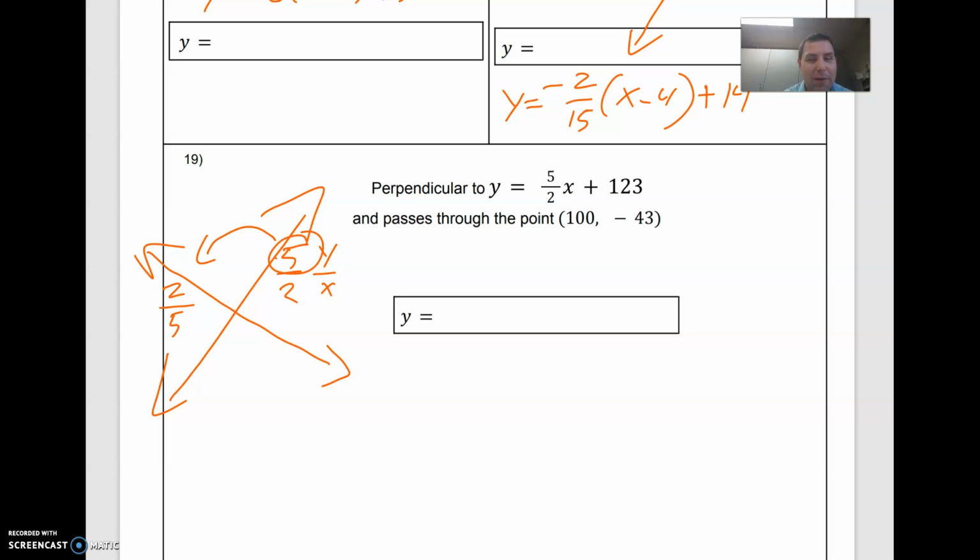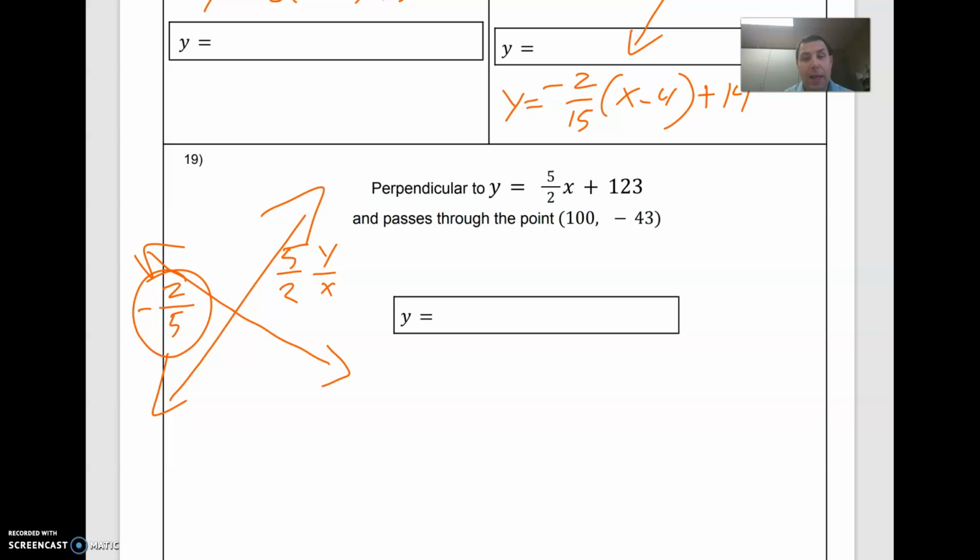We didn't change the value of the slope, we just changed where it's going, which also means we changed the direction. So if this line was going up, the other line is going down. So our perpendicular slope will be the opposite reciprocal, or in other words, -2/5.